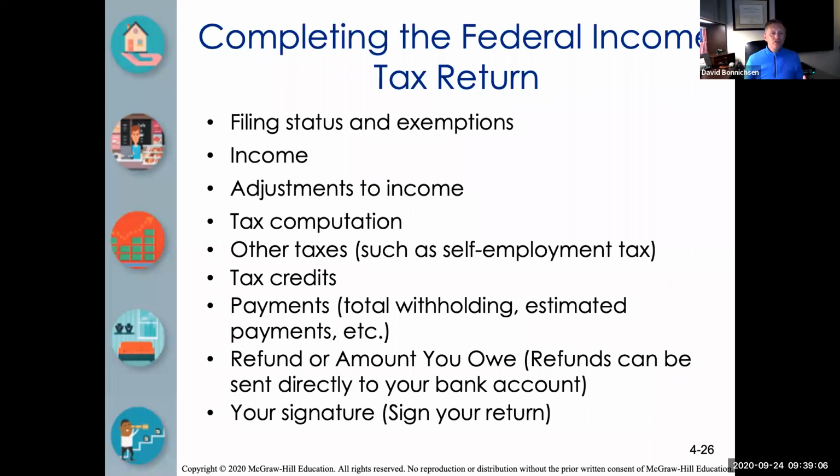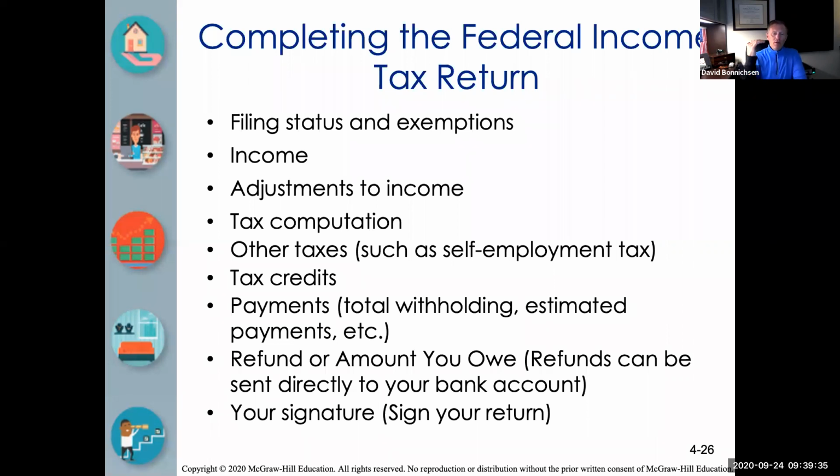Any tax credits that you've got, if you've made estimated payments over the course of the year, you look at the money that you've already paid to the government in terms of taxes, and then you look at the tax that's owed, you look at the tax that you've paid. The difference between the two is either going to be a refund or an amount that you owe to the federal government. Okay, and then finally, don't forget to sign your tax return.